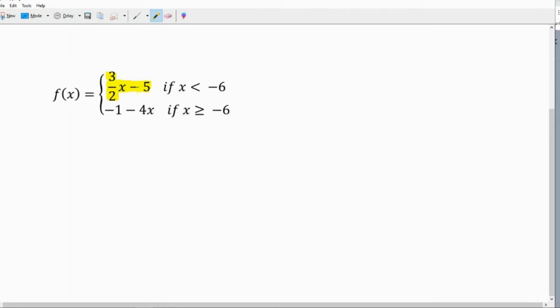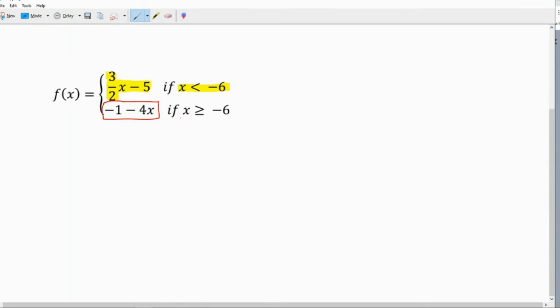And we only use that piece when x is less than -6. If x is greater than -6 or equal to -6, we have to go down to the other function. Use the red pen. Here's the other function, -1 minus 4x.